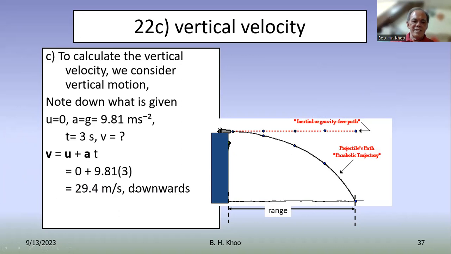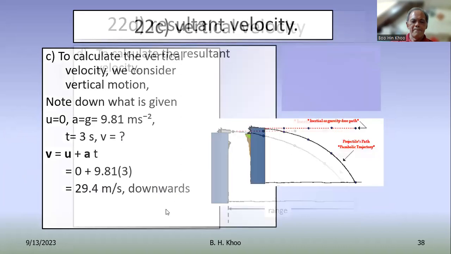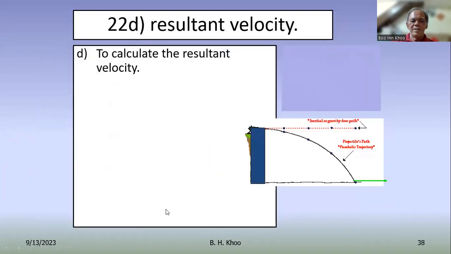So it has a direction. This is downwards because we take downwards as positive. Resultant velocity: horizontally, 20 is the same, it doesn't change, there's no air resistance. Vertically, it's 29.4.